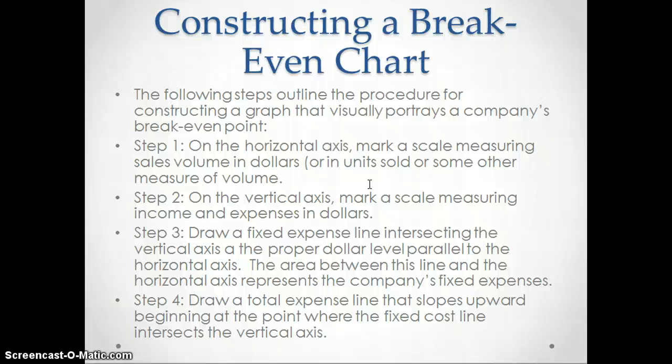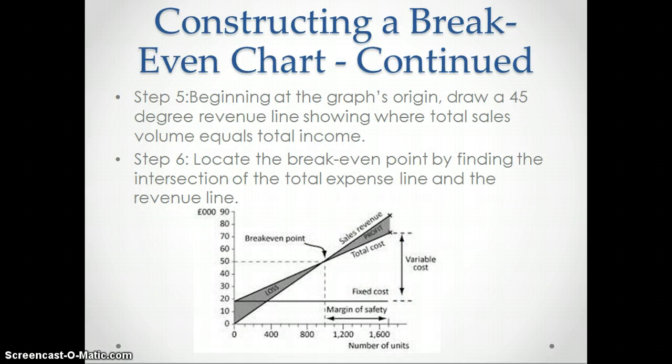Again, I know this is quite a bit, but I will show you on the next slide what one looks like. Step 4, draw a total expense line that slopes upward, beginning at the point where the fixed cost line intersects the vertical axis. Step 5, beginning at the graph's origin, draw a 45-degree revenue line showing where the total sales volume equals total income.